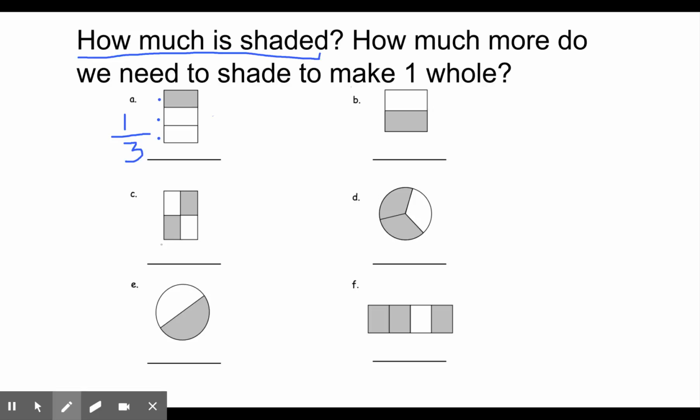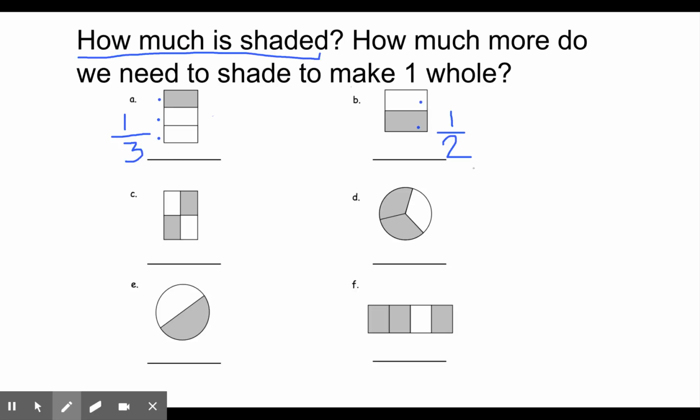Let's try B. First, how many parts are there? 1, 2. There are 2 parts. How many parts are shaded? 1. What is this fraction? 1/2. 1/3, 1/2.